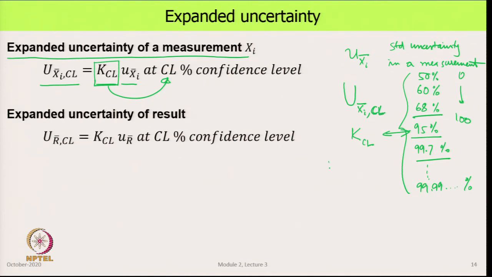U_Xi at 95% confidence level will be different from U_Xi at 68% confidence level. So, we have to distinguish between them, and that is why this additional qualifier has come in this formula. The same happens with the expanded uncertainty of the result. This is capital U, R bar, and CL is the confidence level. This is K_CL at CL percentage confidence level.